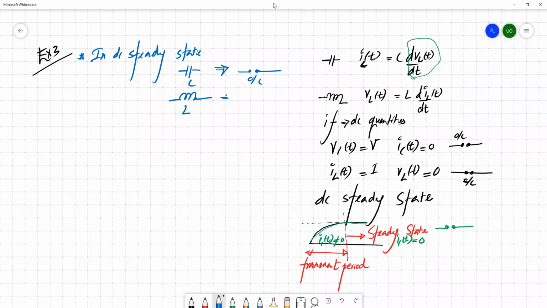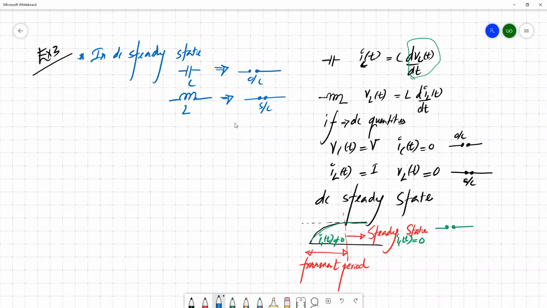you can replace it with a short circuit element. If your inductor is in DC steady state, you can replace the inductor with a short circuit element, because the behavior of the inductor during DC steady state is very similar to a short circuit element. Okay, done.